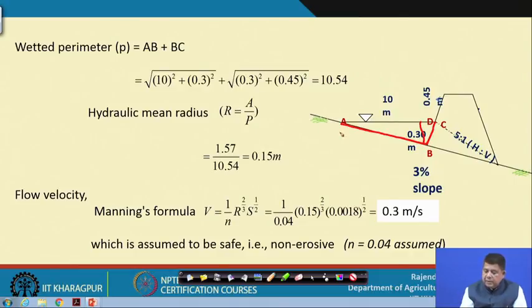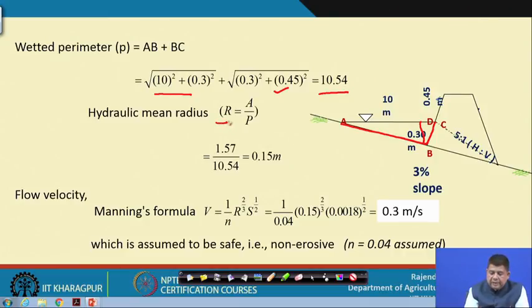AB square equals BD square plus AD square, that is 10 square plus 0.3 square, and BC square equals BD square plus DC square, that is 0.3 square plus 0.45 square, and the square root is being taken. So, on solving we get 10.54, that is the wetted perimeter is 10.54.